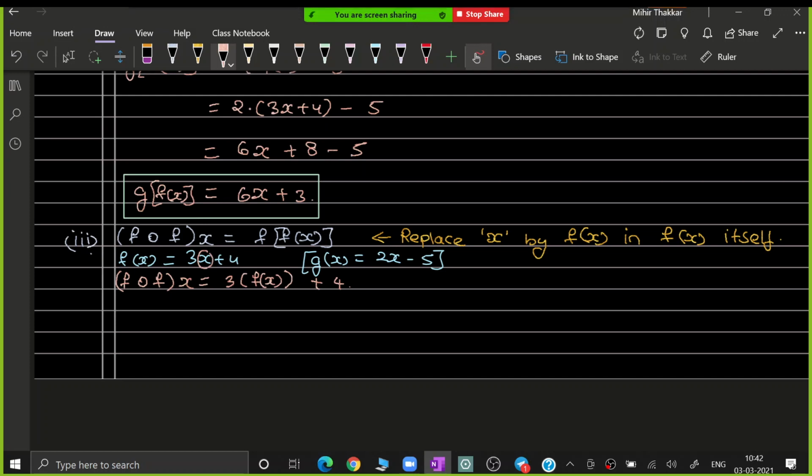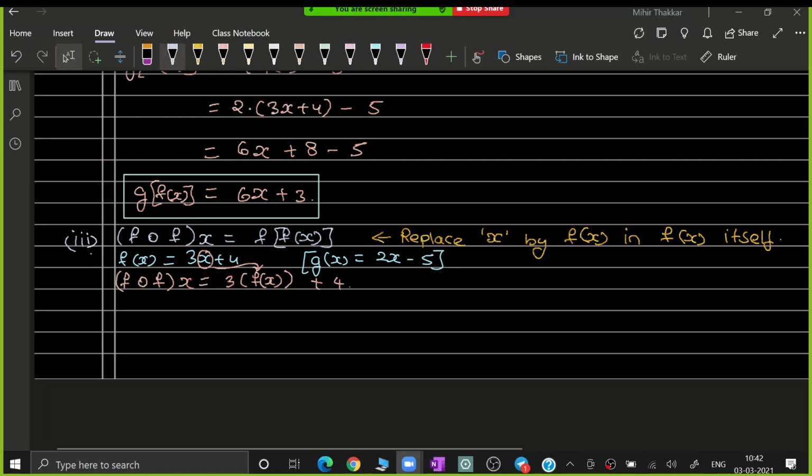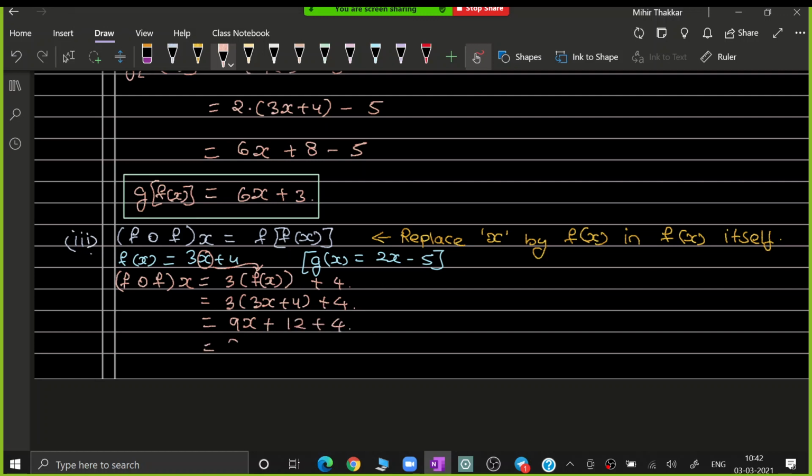I am just replacing this x by fx in the same function fx. So then what I will do over here is, this is equal to 3 times of 3x plus 4 plus 4. 9x plus 4 3s are 12 plus 4. So the answer is very easy. 9x plus 16 is equal to f of fx.